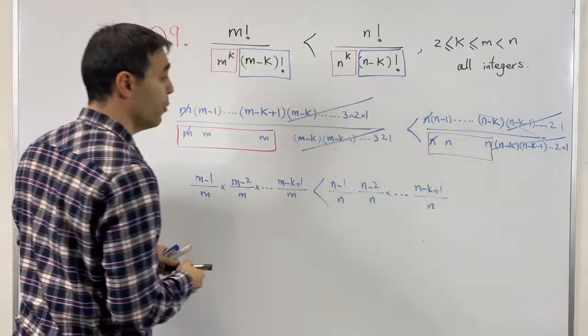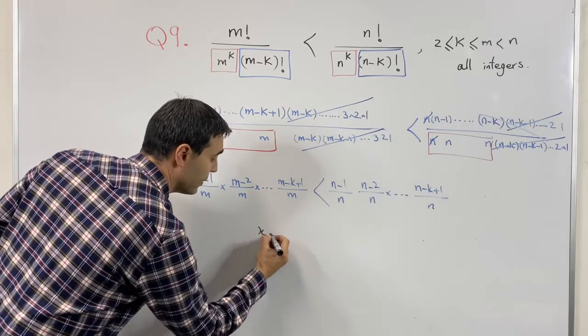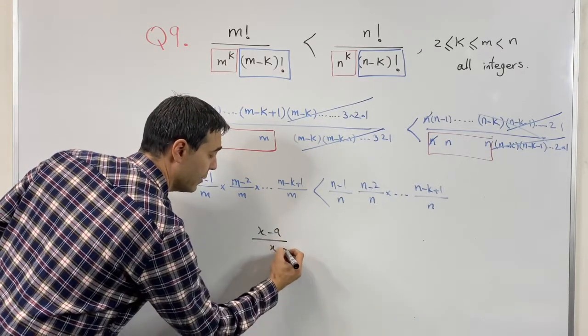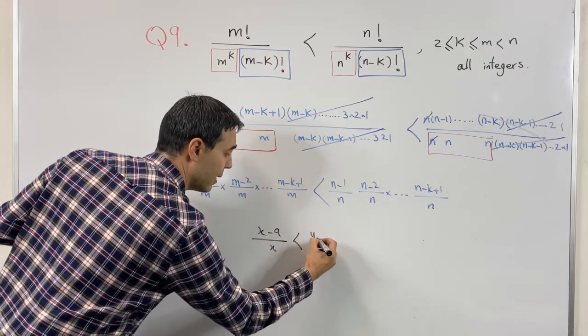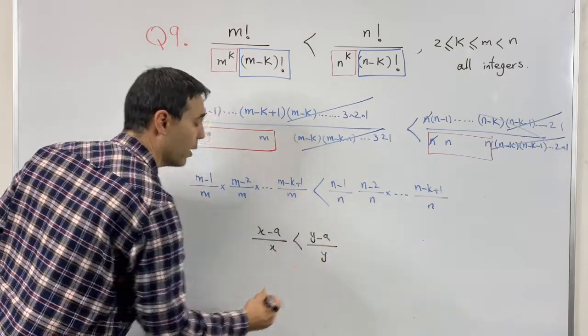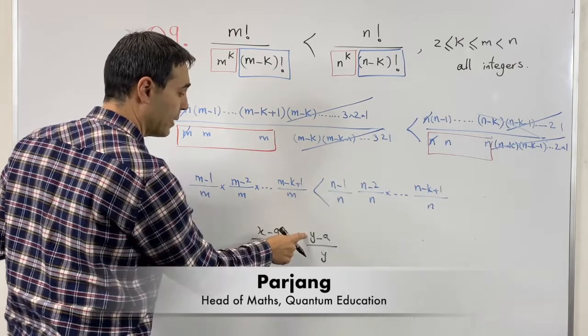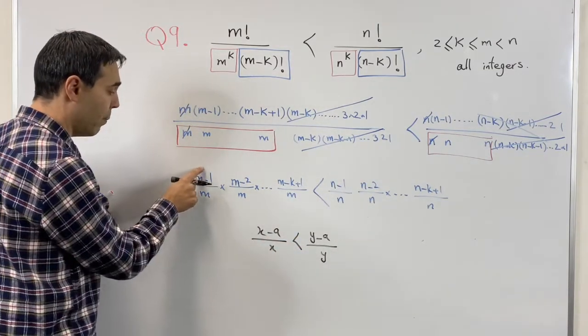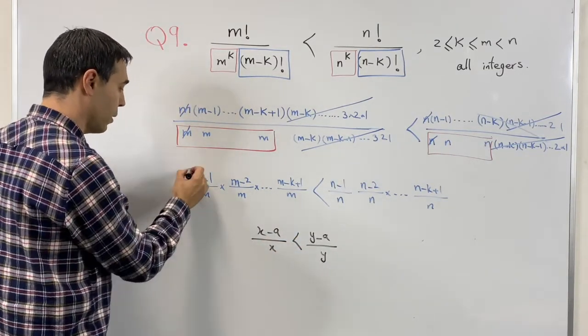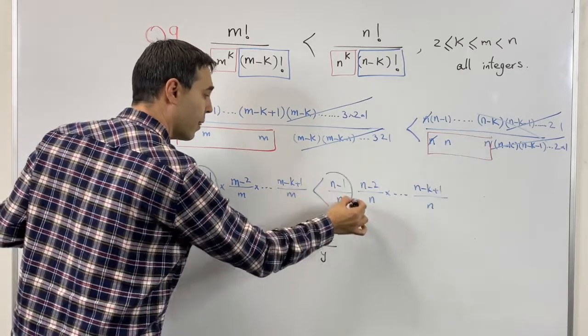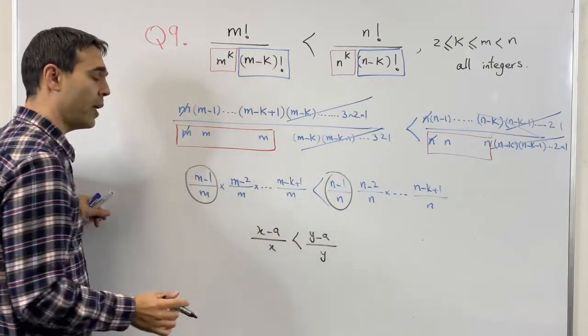What we proved was x minus a divided by x is always less than y minus a divided by y. So m stands for x, n stands for y. Now we know m minus 1 divided by m is always less than n minus 1 divided by n.